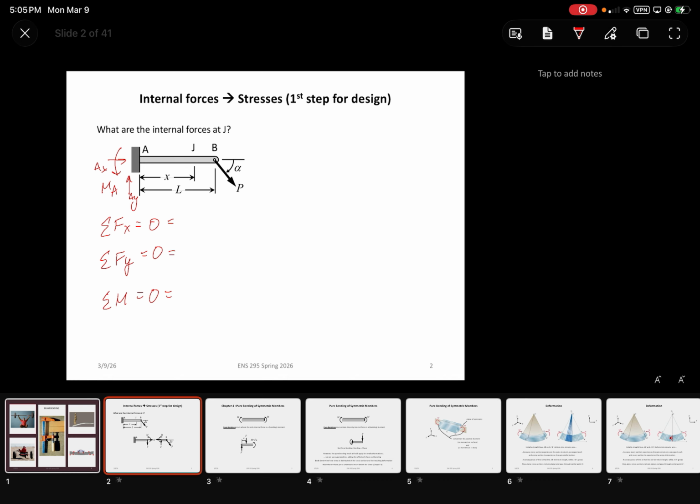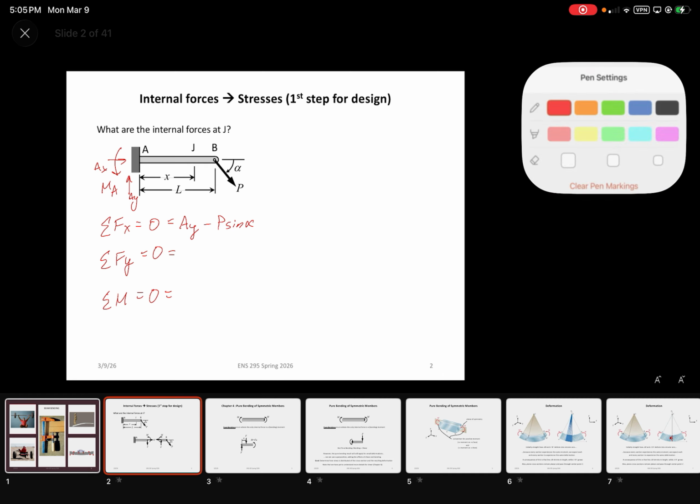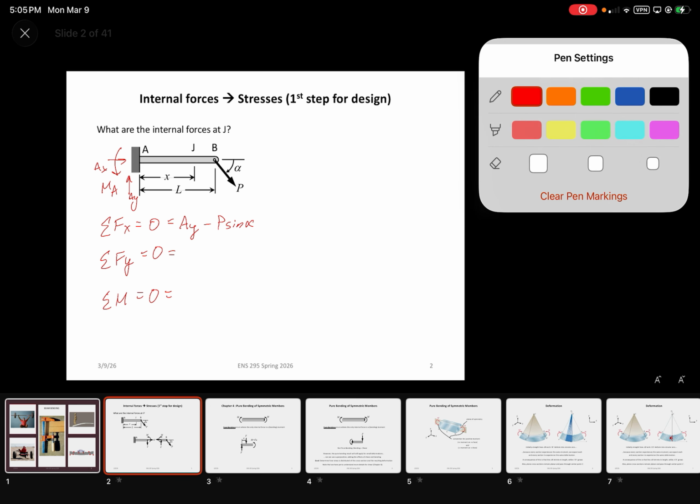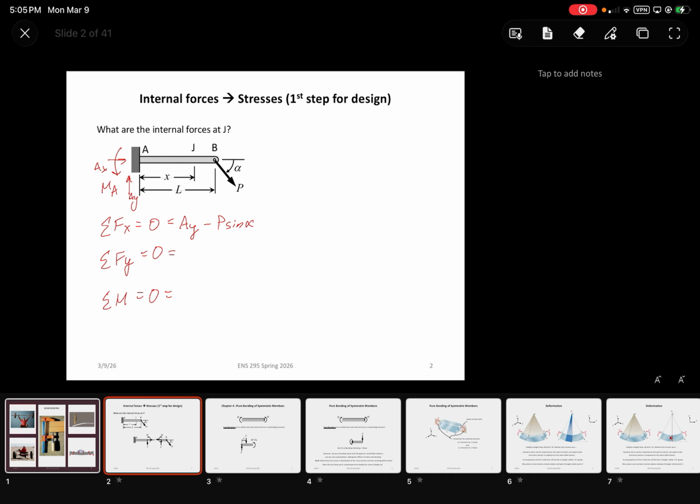And so when we write out these equations, we end up with forces in the y direction equal to AY minus P sine of alpha. Oh, I'm already messing up. Just change that to forces in y and then forces in x.